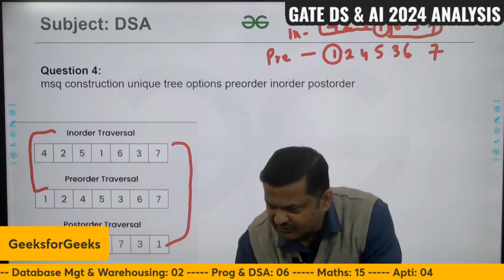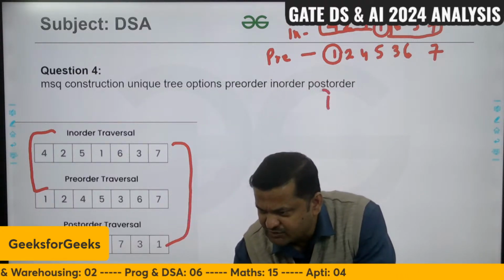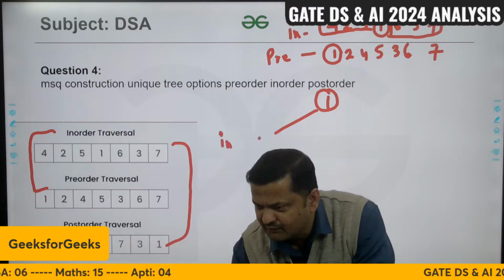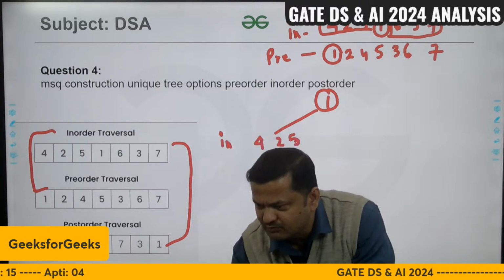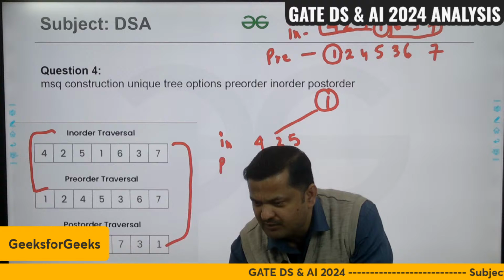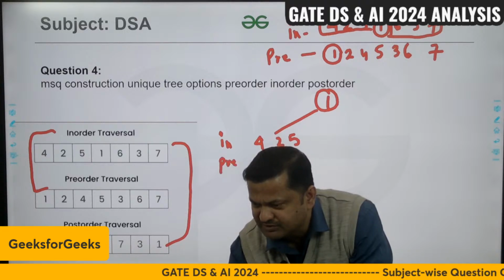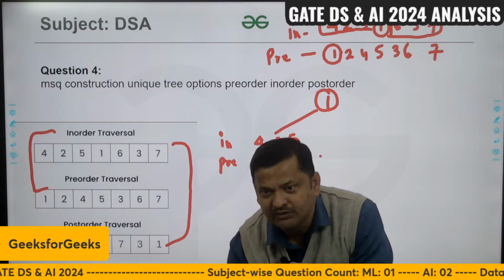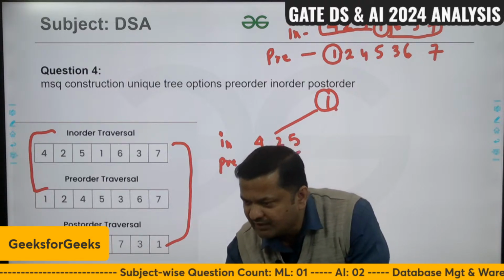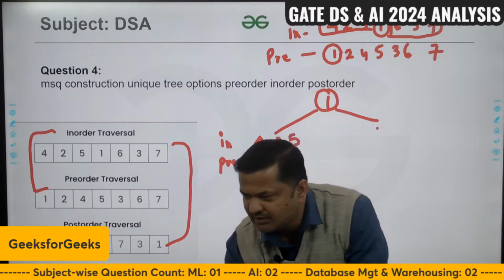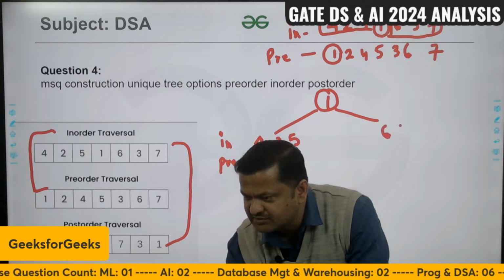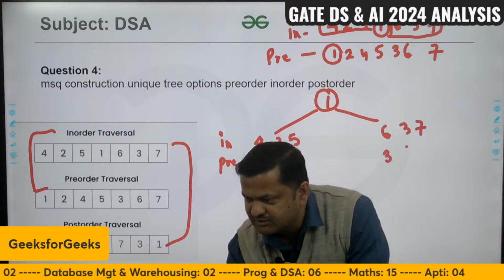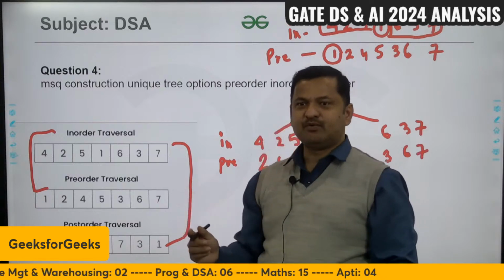So I'm just partitioning this. 1 is the root, and in the in-order sequence 4, 2, and 5 is the left subtree, and the corresponding pre-order is the first three elements of the pre-order. So 2, 4, 5 is the first three elements of the pre-order. Then we go for the next sequence, the right subtree, that is 6, 3, 7 in the in-order sequence, and the pre-order sequence is 3, 6, 7. We have to repeat the same process.